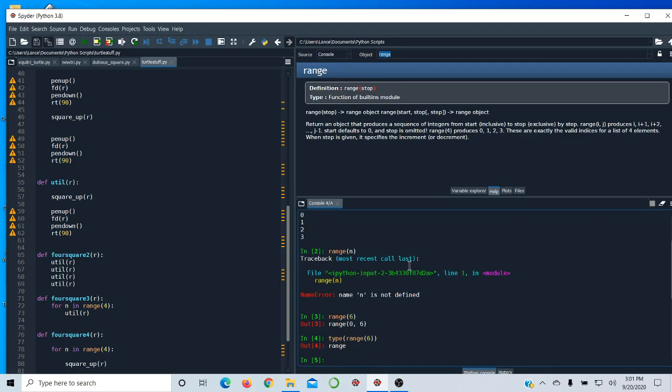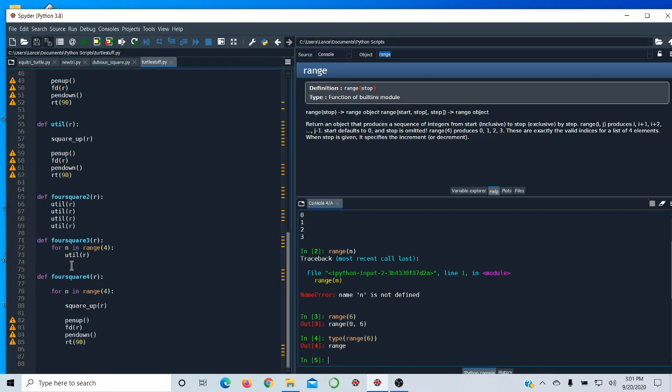Okay, so we know how to easily repeat something 4 times. Back here, we can do it like this: for n in range 4, that'll go around the loop 4 times, executing that function. So this ought to do it. I have to execute this, I'm sure.